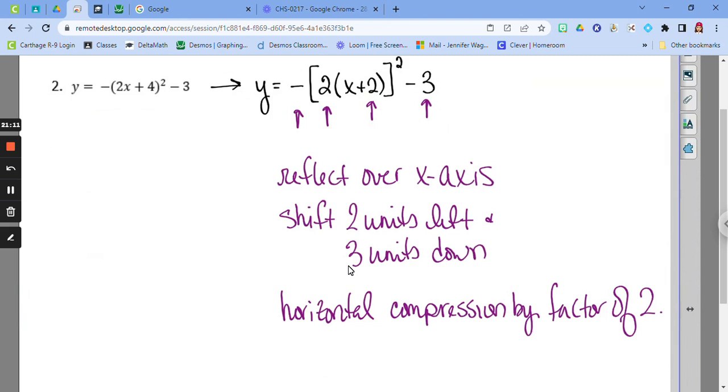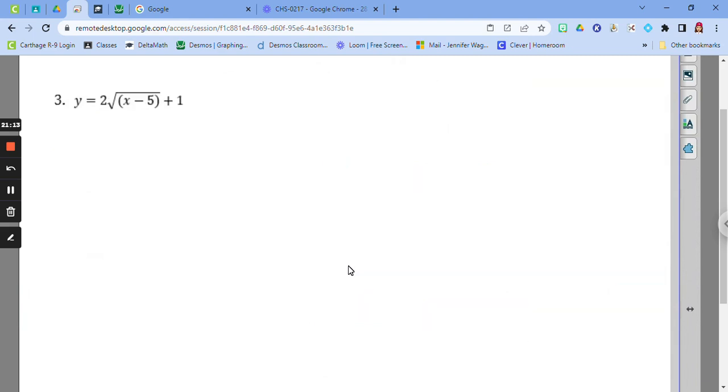So let's take a look at 3. See what you can come up with on this. We have 1, 2, 3 things.